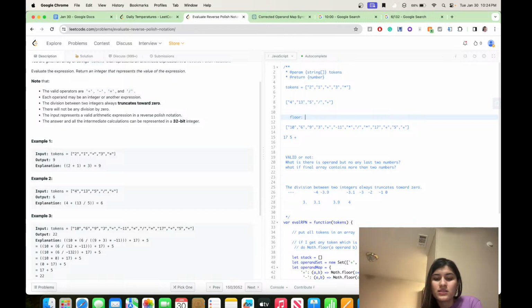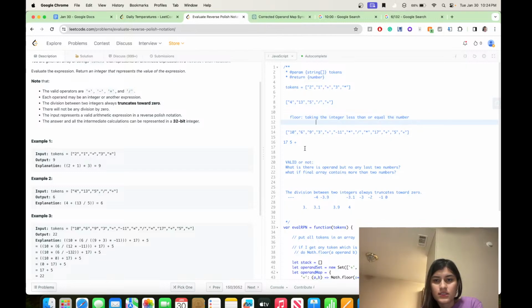Floor just means taking the integer less than the number, less than or equal, right? So if it is 3.1 to 3.9, then it will be 3.